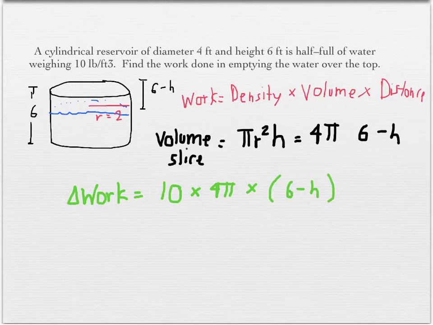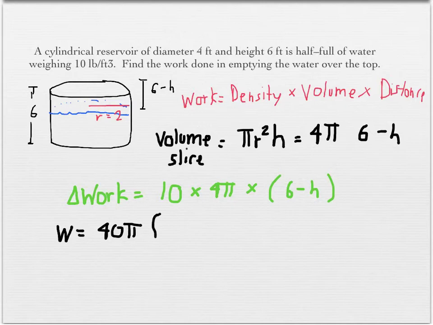Now keep in mind that's only for this one slice, and so I want to integrate it so I can get the volume for the whole situation. So my work that I'm going to end up doing here, 4 pi times 10 is going to be 40 pi.